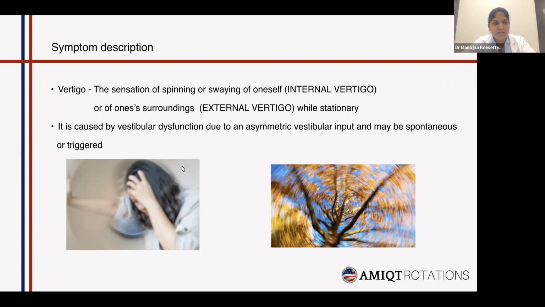Vertigo is caused by vestibular dysfunction due to an asymmetric vestibular input and may be spontaneous or triggered. Vertigo shouldn't be confused with dizziness or presyncope. Dizziness has no false sensation of motion, and presyncope is a sensation of losing consciousness. So we should be able to derive what exactly the symptom is from the history the patient provides.